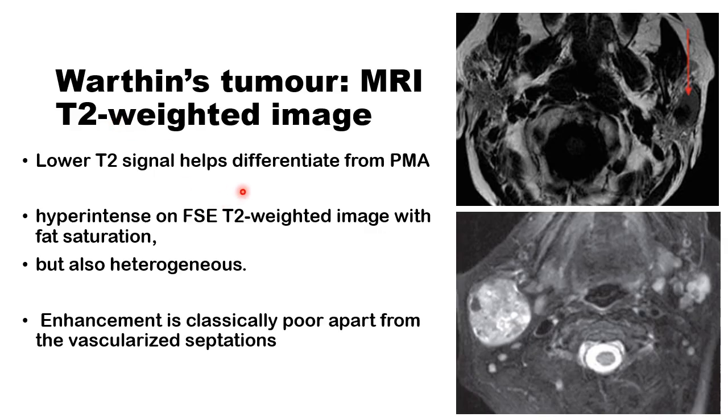When using the T2 weighted fat saturation, there will be a hyperintense signal that is also heterogeneous. Enhancement is usually poor in Wharton's tumor, apart from the septi inside the tumor that are usually very vascularized.